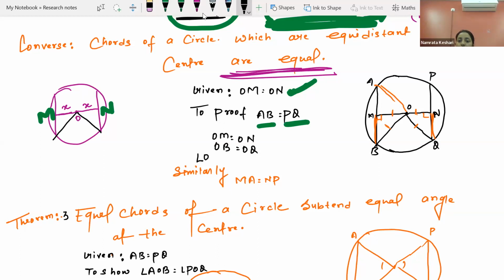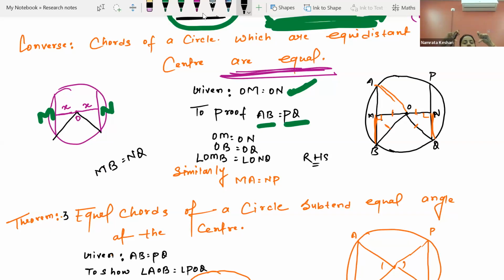So angle M is equal to angle N. Now let's see which congruency criteria is working here. 90°, hypotenuse and one side is still RHS, right? Yes, ma'am. And now we can say that hence MB is equal to NQ.